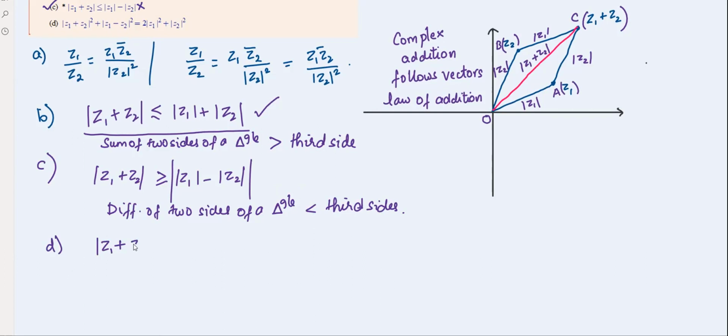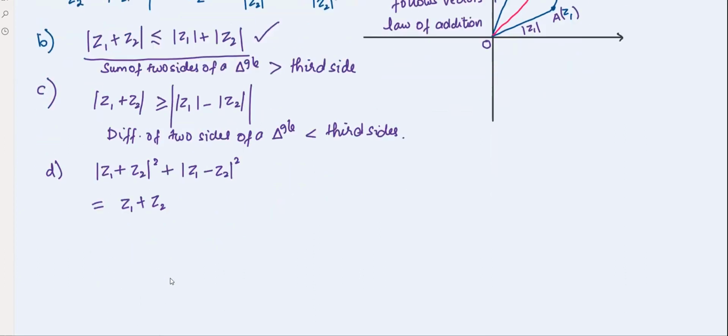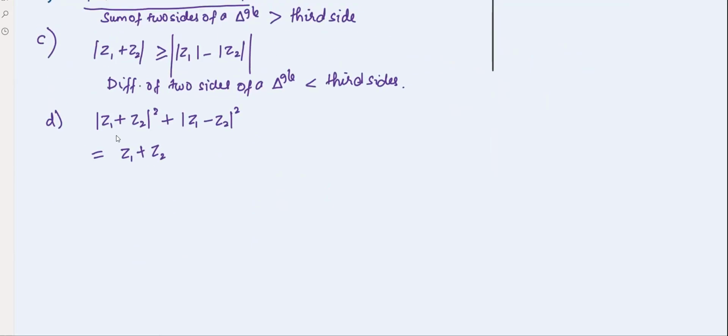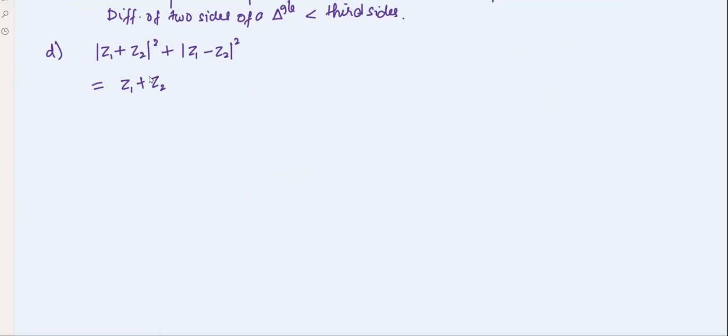Mod of Z1 plus Z2 the whole square plus modulus of Z1 minus Z2 the whole square should be equal to this. Let us see that. Mod Z1 plus Z2 whole square can be written as Z1 plus Z2 times Z1 plus Z2 bar. Z1 minus Z2 times Z1 minus Z2 bar.